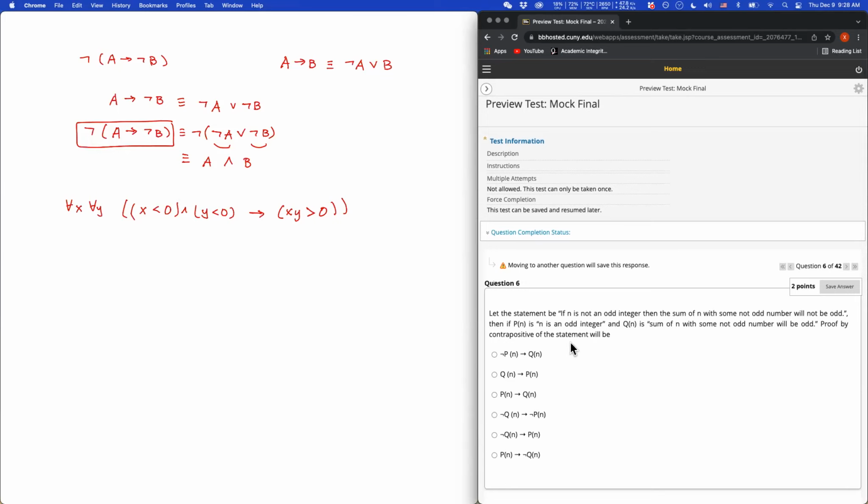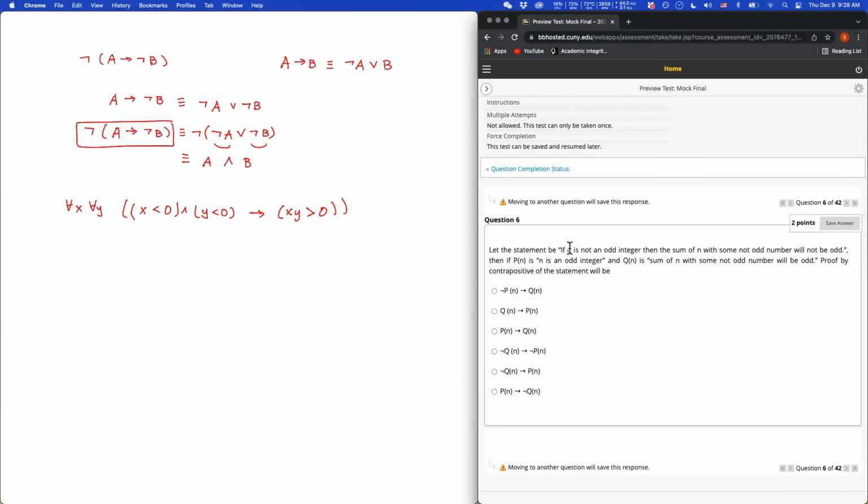Okay, next we have: if n is not an odd integer, then the sum of n with some not odd number will not be odd.